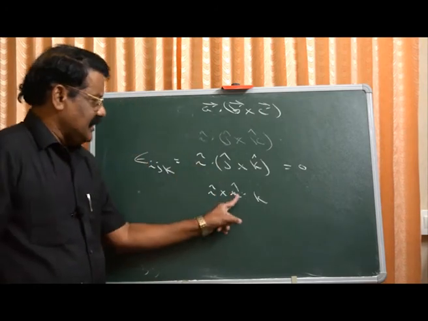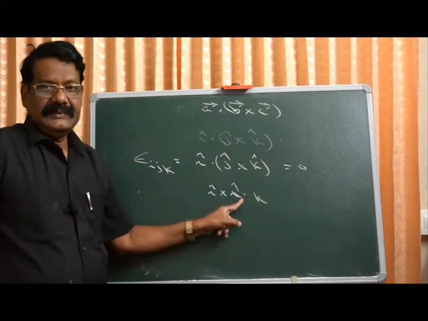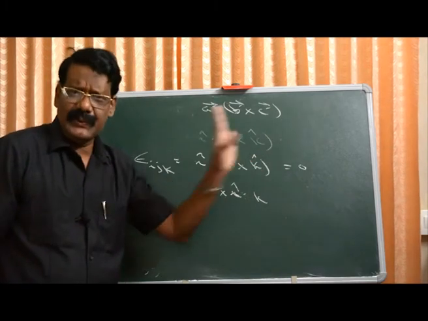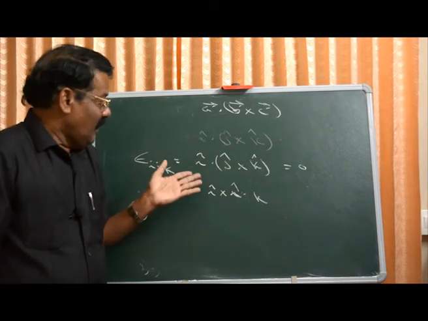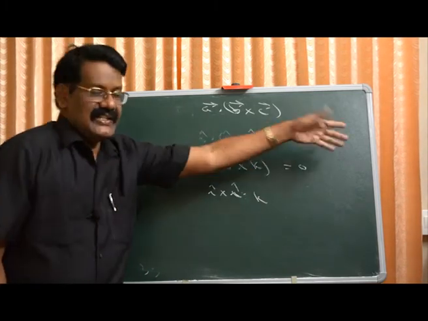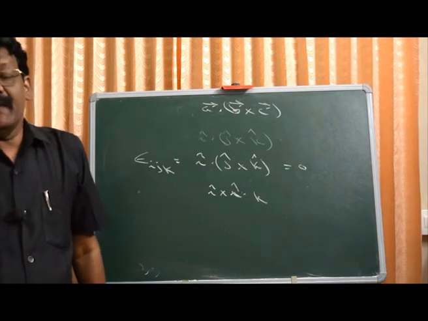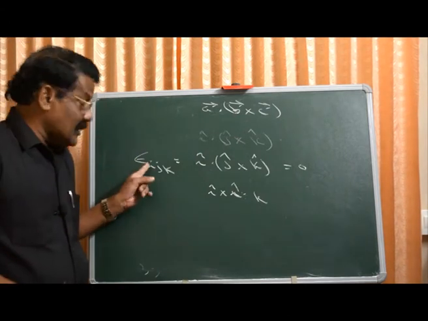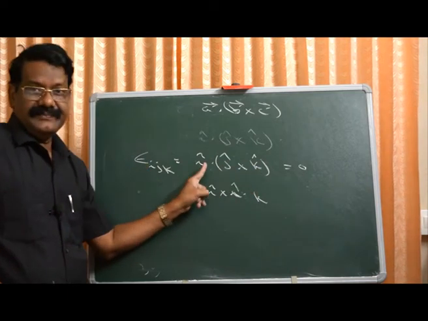So obviously i cross i is 0. Suppose j is equal to k. So j cross j is obviously 0. So in this symbol, whenever any two indices coincide, it vanishes. So epsilon ijk is equal to 0. Correct? This is the tensor notation and this is the vector notation.